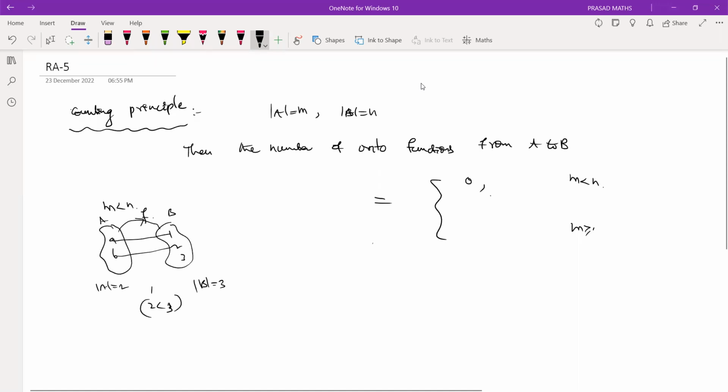Whenever M is bigger than or equal to N, there is a formula for that.